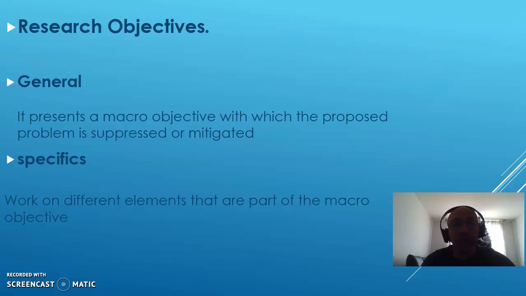A general objective could be to determine what factors affect the low results of Colombian students in public schools, and the specific objectives are part of this general objective. For example, what aspects or elements can affect the performance of the students in middle school, high school, and different parts, in order to get a whole objective.